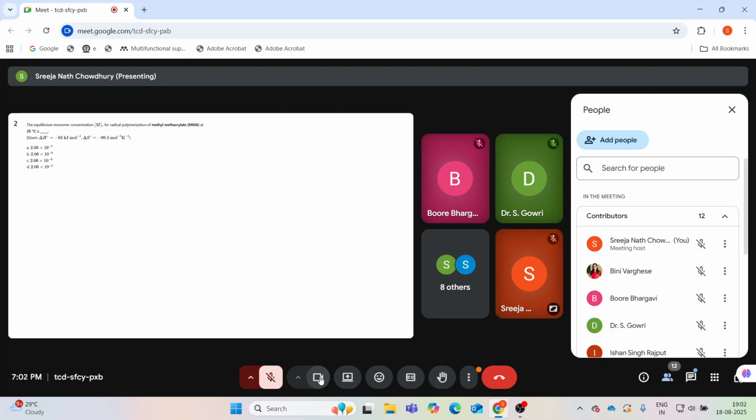This will give you an answer. ln K is equals to 26.23 minus of 10.82.